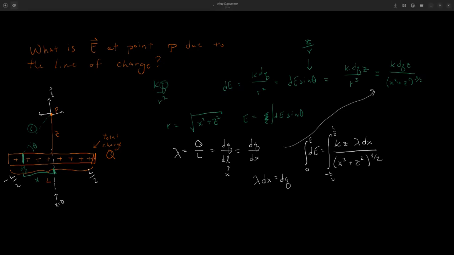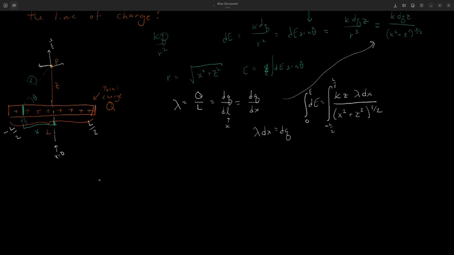And from here, I have a relatively straightforward integral. So what I'm going to do is just pull out my constants. So I'll get E is equal to kz lambda times the integral from minus L over 2 to L over 2 of dx over x squared plus z squared to the 3/2 power.